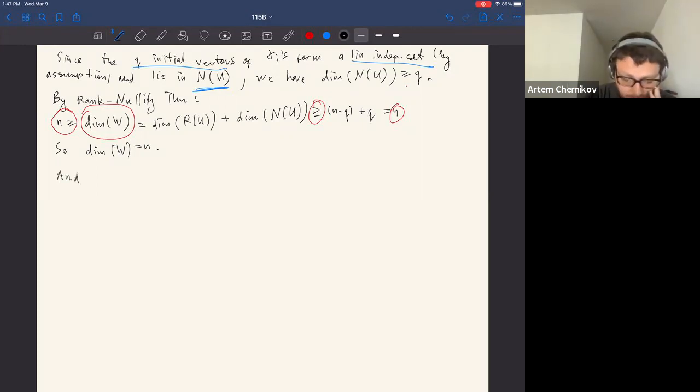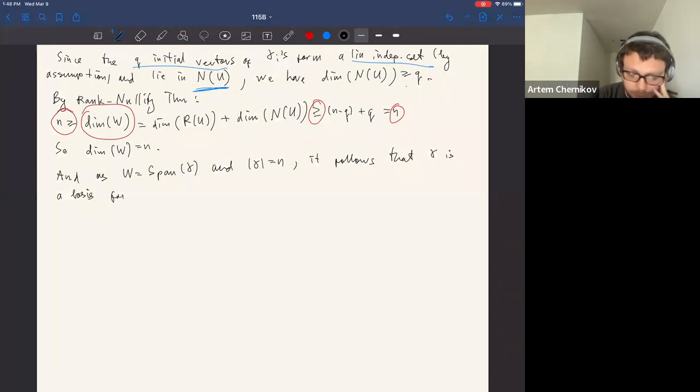All right, so we get the dimension of W as n. And we also have that W is the span of gamma, and the size of gamma is n. So it follows that gamma is a basis for W, right?